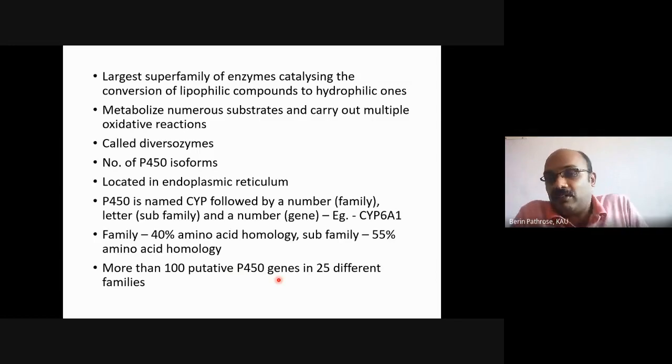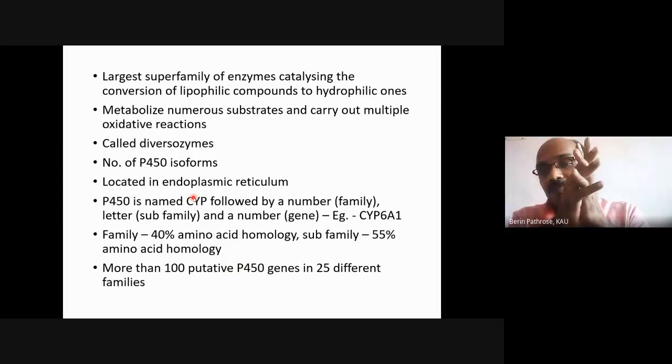So they have given a kind of nomenclature wherein any enzyme of this group will be given the first name CYP, because of cytochrome P450. CYP is common for all this group of enzymes, and next it will be the family number. This family number is given based on the amino acid sequence.